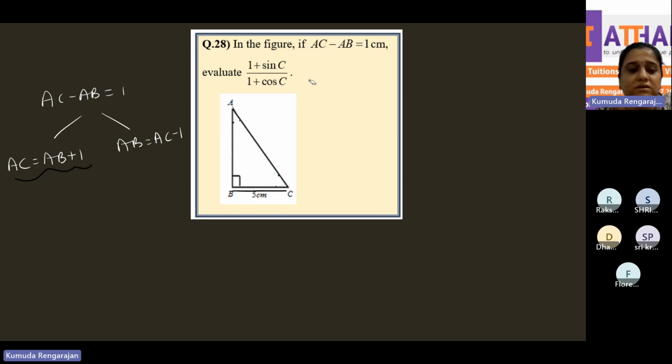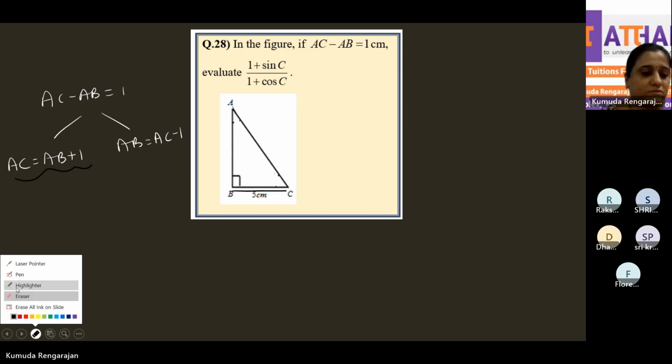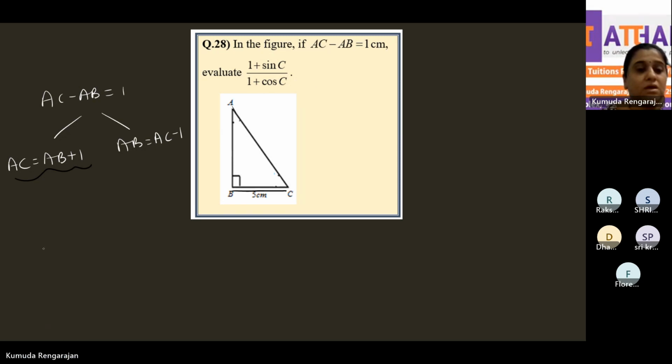Or what can you do? If you take AB as AC minus 1, then AC is AC only. AB is AC minus 1, and BC is 5.